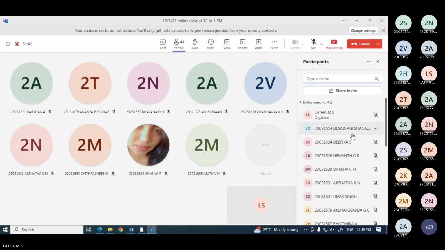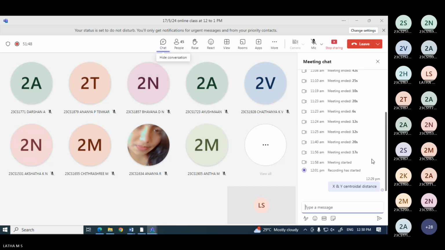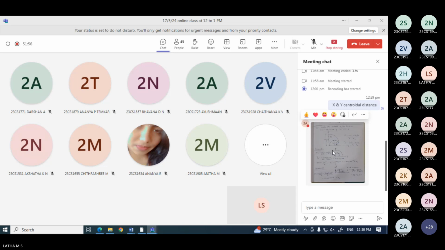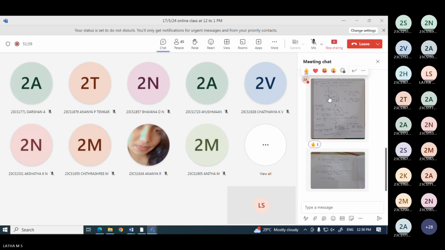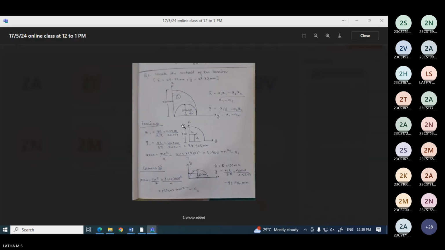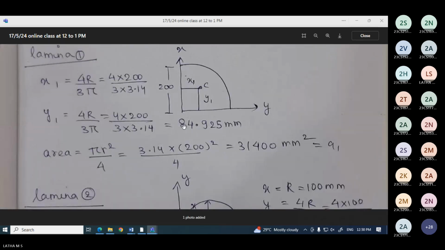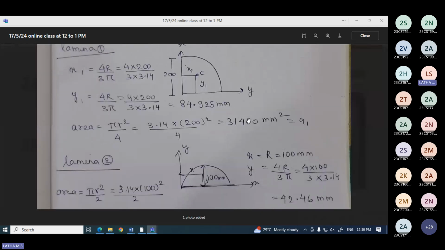Nagesh? Yeah, Ashta has replied, good. Four r by 3 pi, 4r by 3 pi.